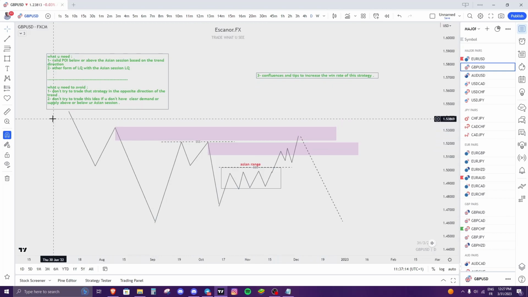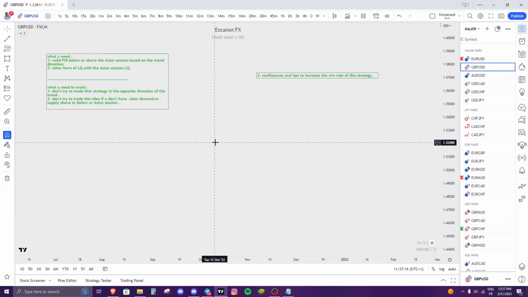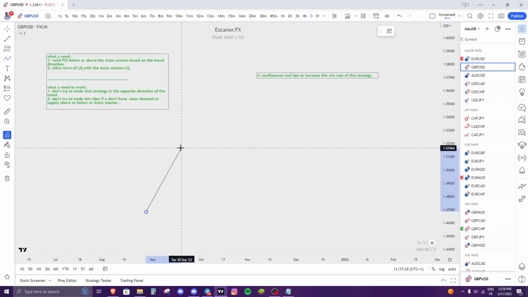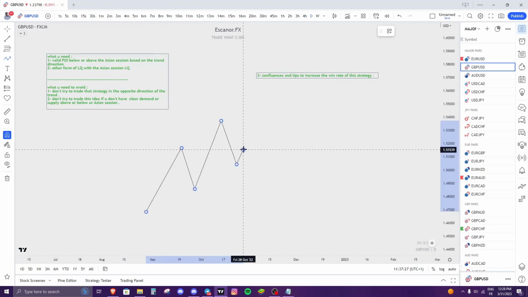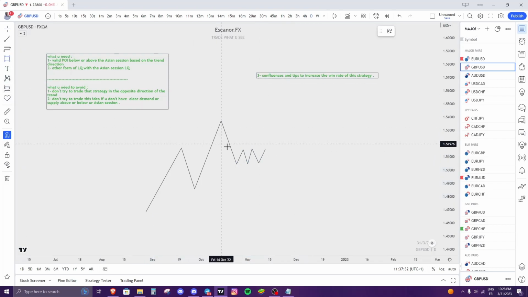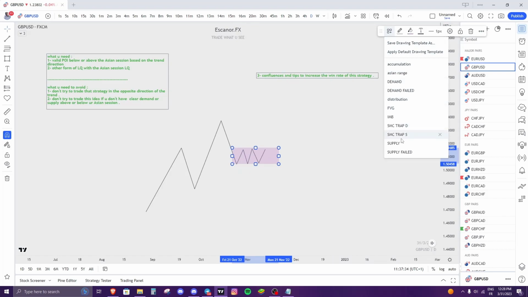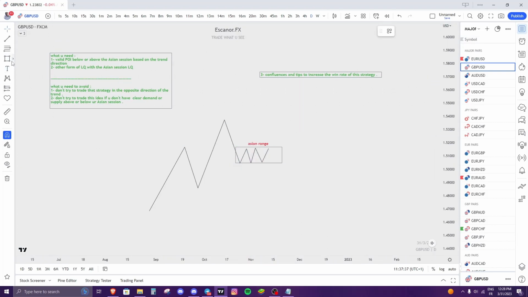So what we need to avoid: don't try to trade this strategy in the opposite direction of the trend. For example, we are in an uptrend, we have the Asian session range, and as a first thing the high is taken out, and you try to sell from this point, targeting the Asian low.